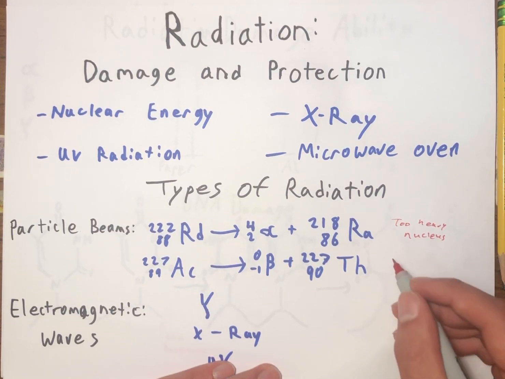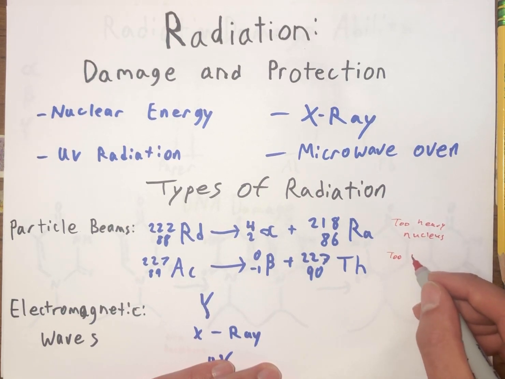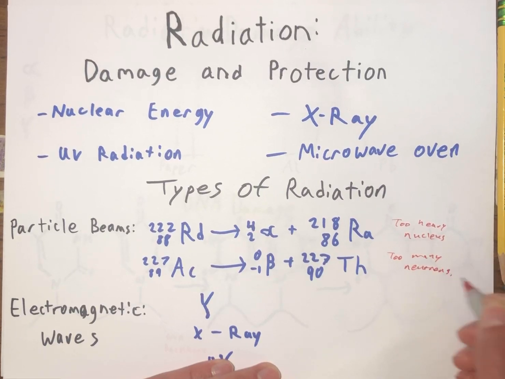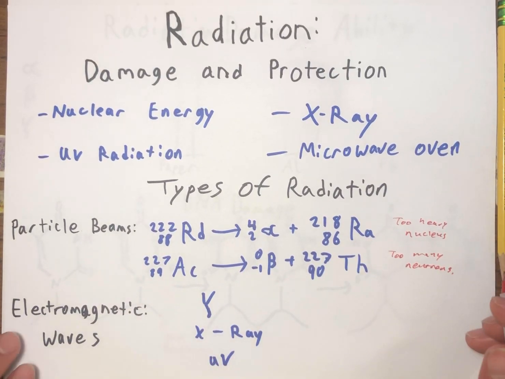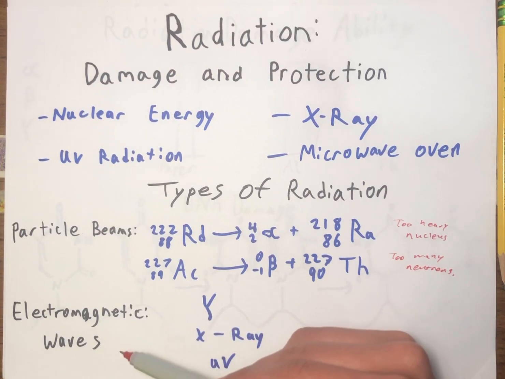Beta decay happens to unstable atoms because they have too many neutrons. If it's still unstable, still has too many neutrons, it can continue emitting beta particles. The other type of radiation comes in electromagnetic waves.